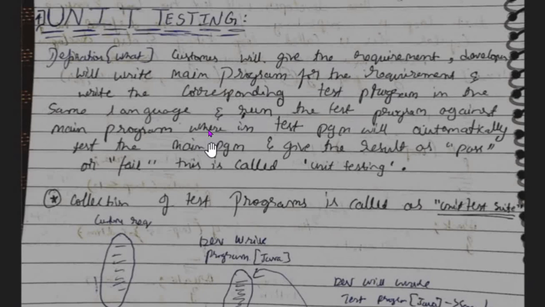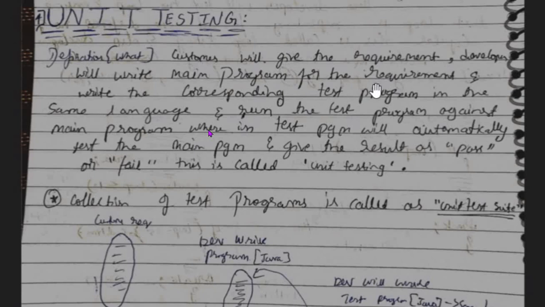I am going to explain the definition once again. The customer will give the requirement and the developer will write the main program for the requirement. By seeing the requirement, each and every developer will write the program. For that, again he will write the test program in the same language.